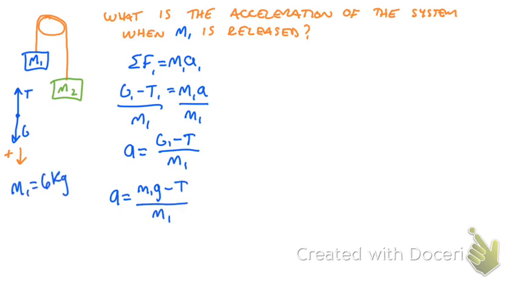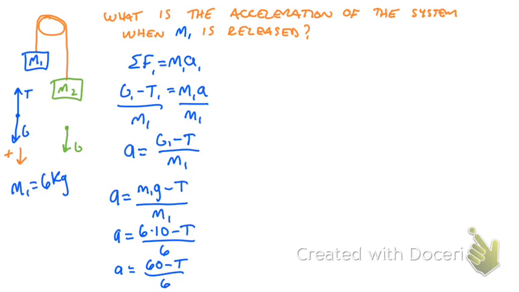Let's say that the mass of this is 6 kilograms, so we can put that in there. And what's the acceleration due to gravity on Earth? It's about 10, 9.8. 10 makes the math a little bit easier, so we substitute that in, and we find that acceleration is 60 minus T over 6. But what's the problem with this as a result for our acceleration? We don't know what tension is, so we have to go to m2 to figure that out.